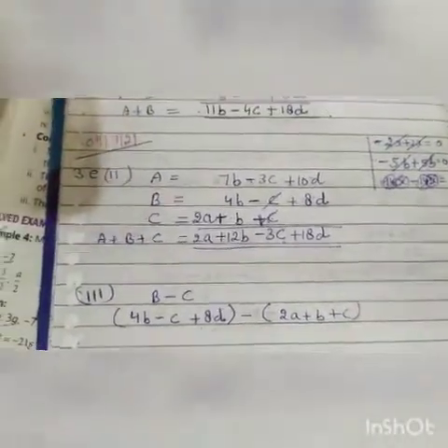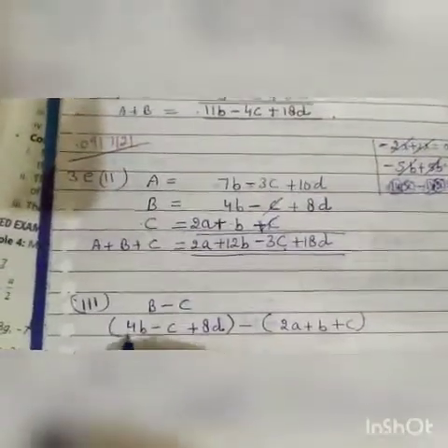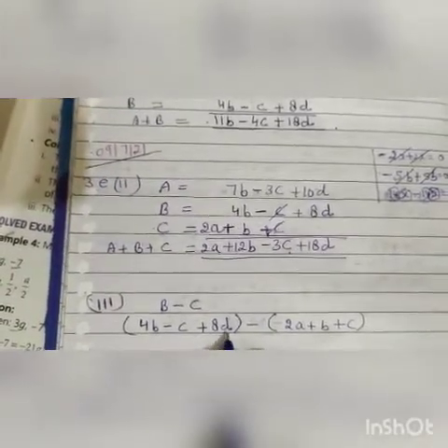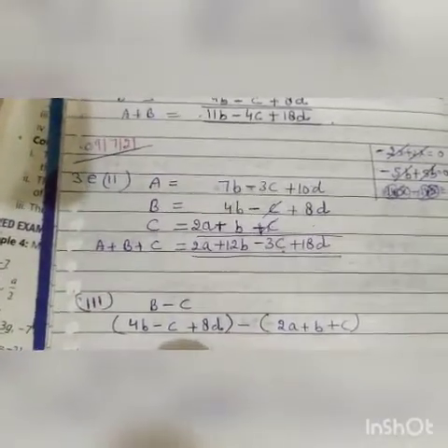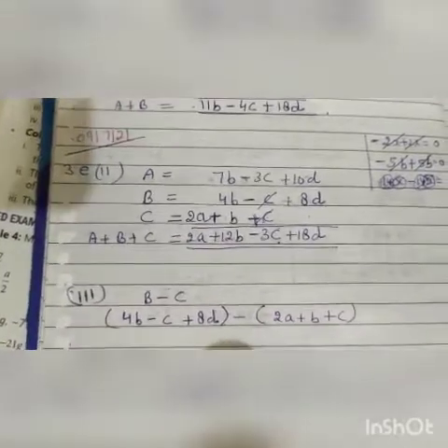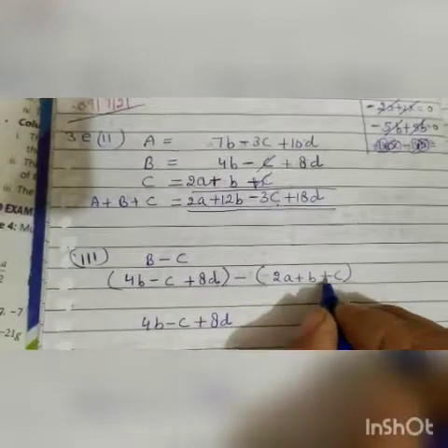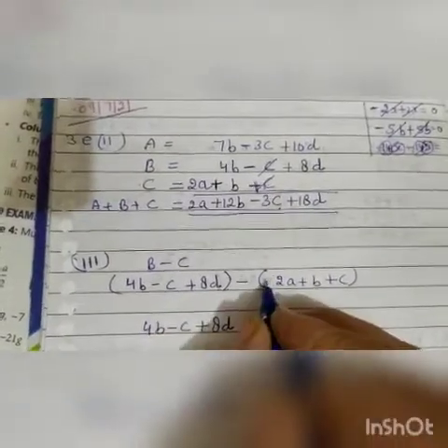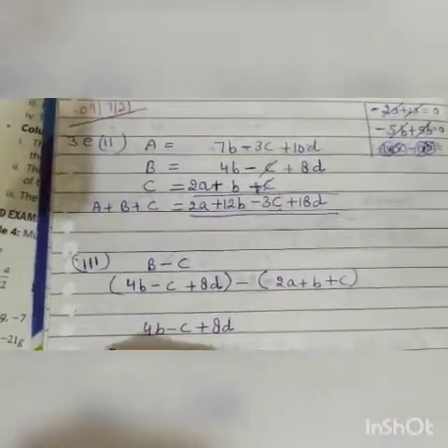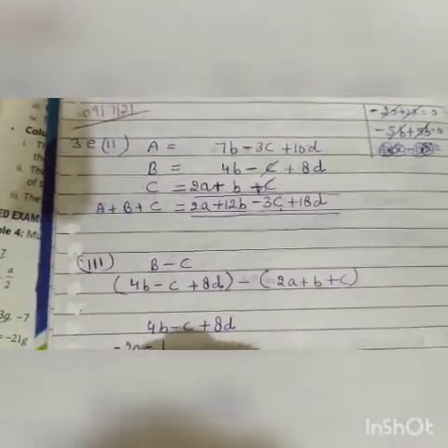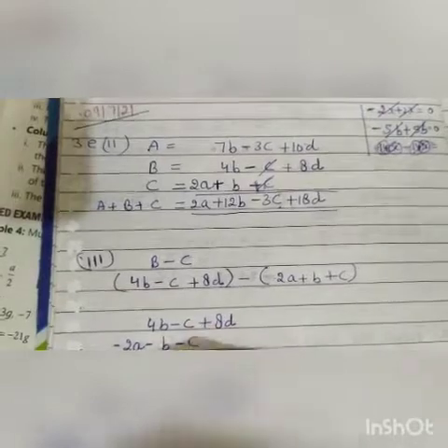Now as we did earlier in subtraction of algebraic expressions, first we will write the expression of the first bracket. It is 4b minus c plus 8d. Then change these three signs and we will write here minus 2a. We will write it as an extra term, minus 2a minus b then minus c.